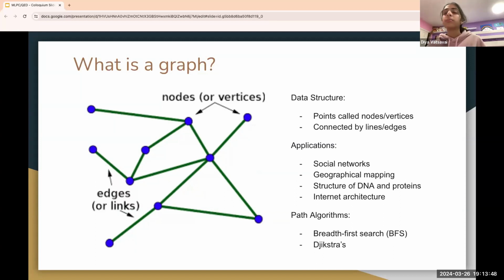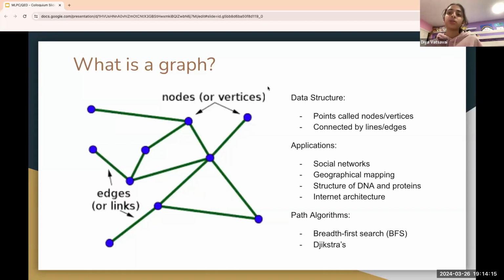So there are probably many real-life examples that you could think of that could actually be modeled by a graph, even though you might not know it, such as social networks. Imagine every person was a node or vertex, and then each green line was a connection between people, like a friendship, for example. Or this could be used in geographical mapping, especially for roads and such.